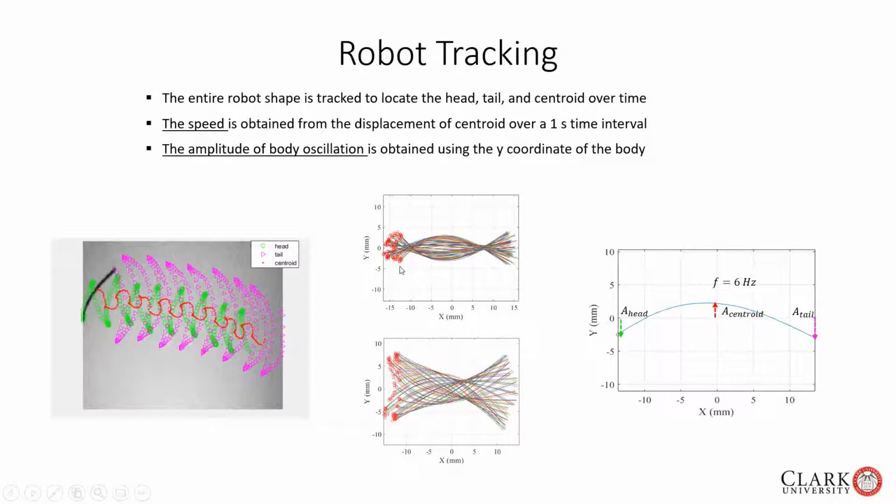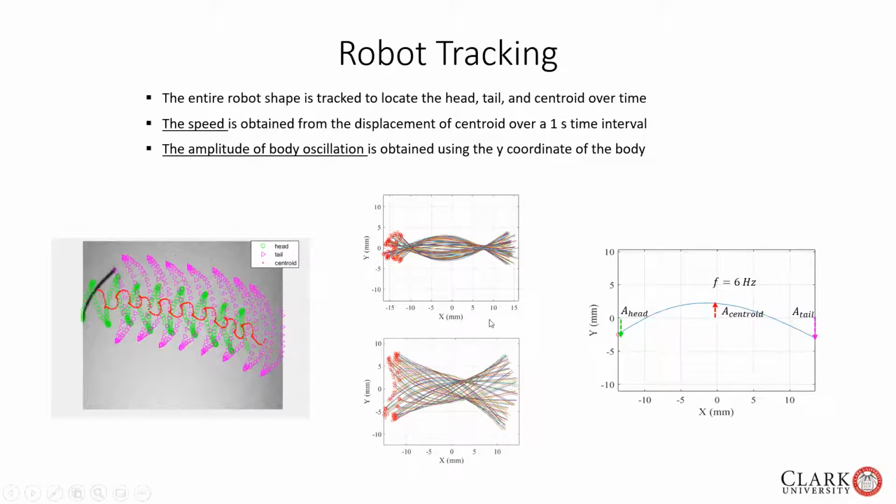For the amplitude of the body oscillation, there are 2 definitions. The first definition is that we consider the curvature of the filament and take the average of the curvature as the amplitude.